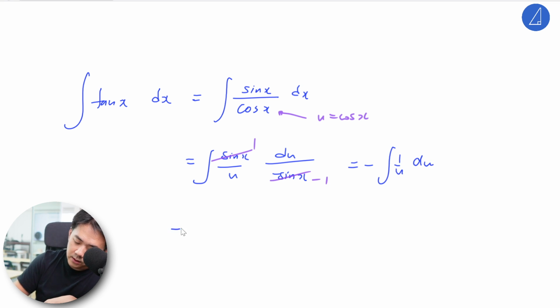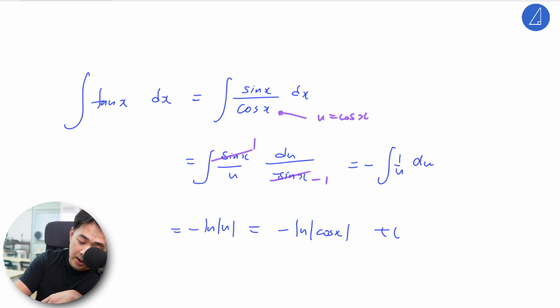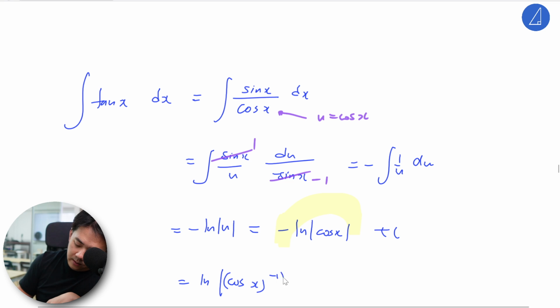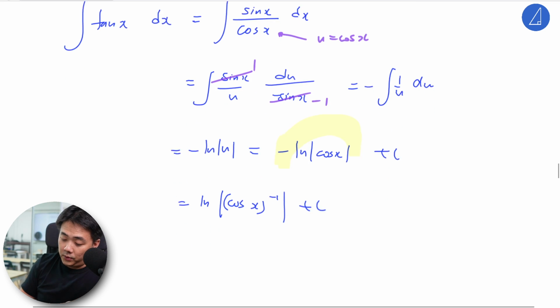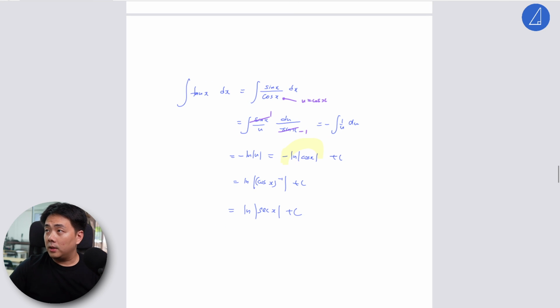So this is just negative ln u, negative ln cosine x. Okay, but then you say, how come I don't get the secant? Because this negative one brought up will be this guy. You bring it up like that. Power rule of a logarithm, so you get that as ln secant x plus c. Okay, so that's that. So shown.